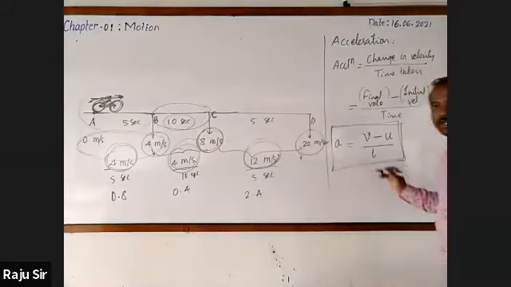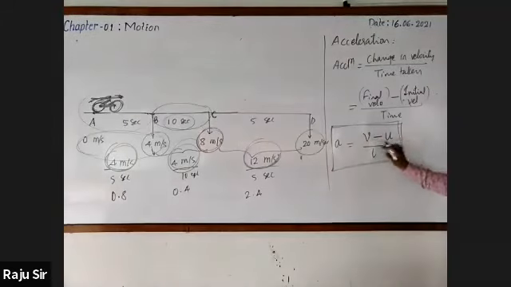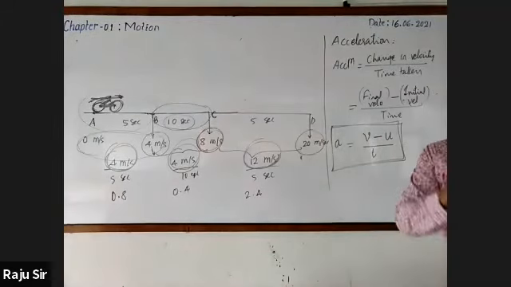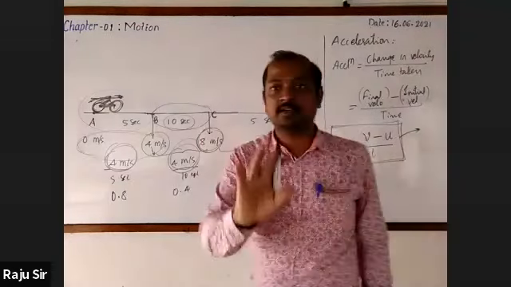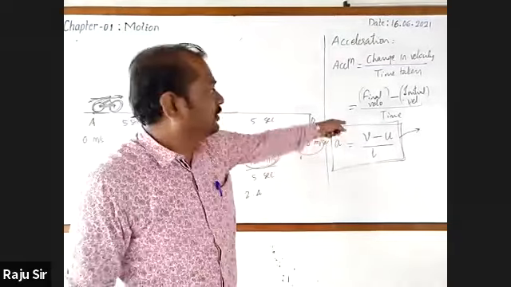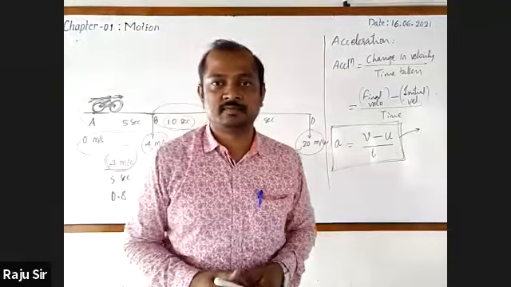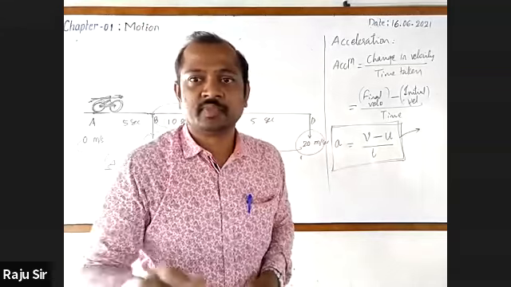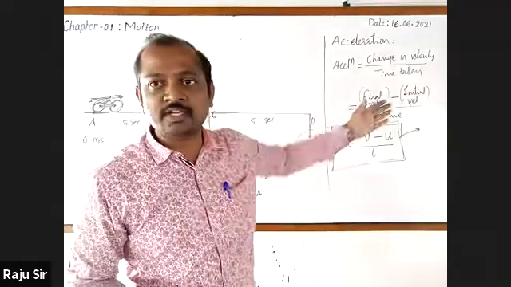Now, look here. Samarth, you only. Numerator is change in velocity. Could you tell what is the unit of change in velocity? Let him tell. Others should not open your mouth. What is the SI unit of change in velocity?